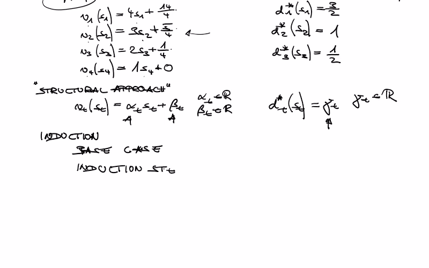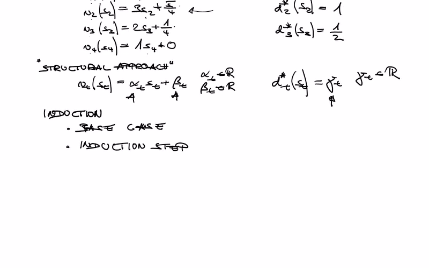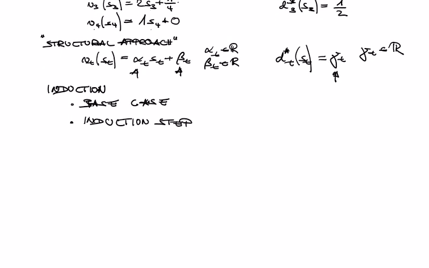And what they mean and how they look, we will now see. So the base case in our case is actually really simple. So we do the induction proof also backwards, because we want to use the Bellman equation for that.